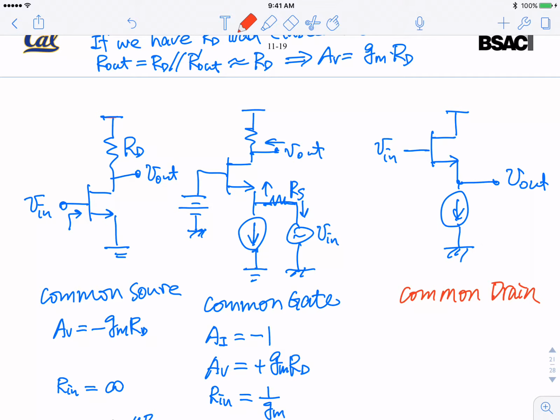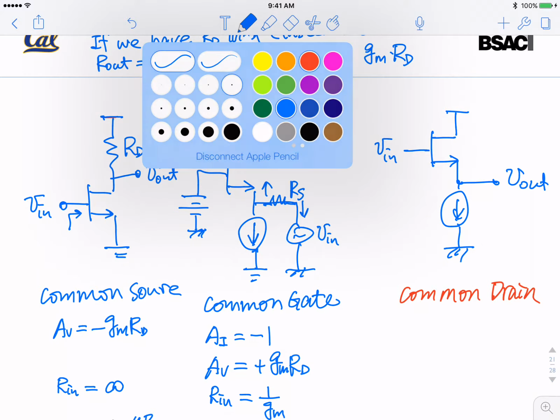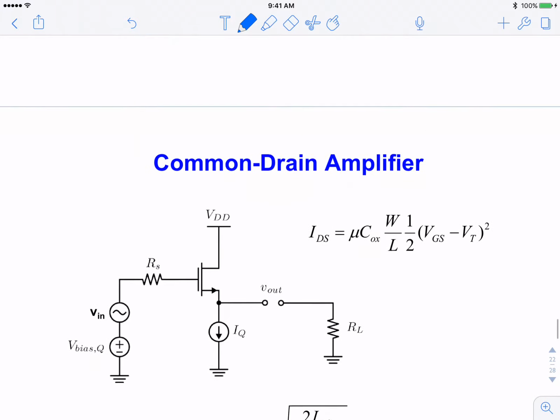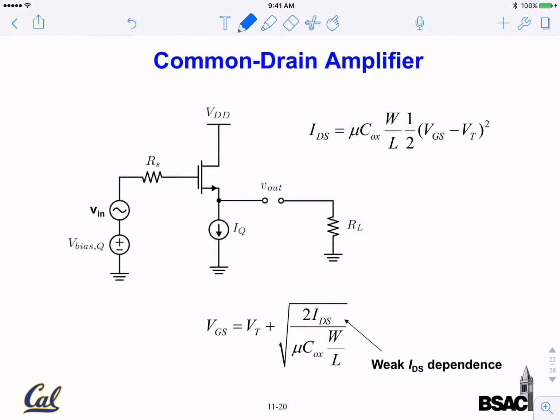All right? Okay. So common drain amplifier. So it's shown here. We need a bias circuit. So first of all, when we set up an amplifier, we set up in the right configuration. Common drain here, drain is connected to the most positive power supply, VDD. It's AC ground, but DC wise, it's the most positive voltage.